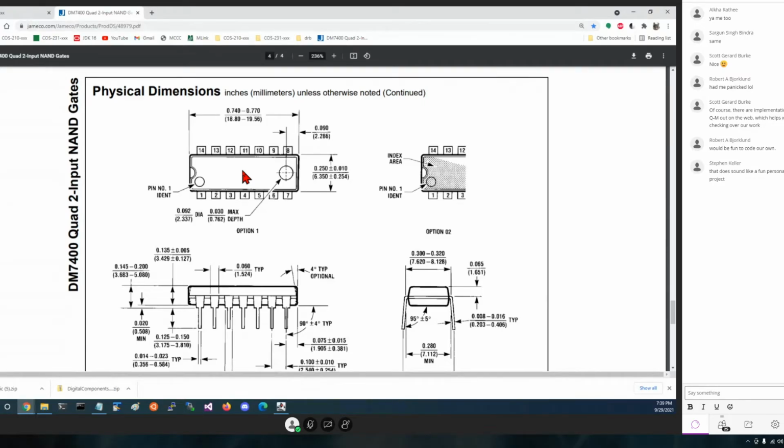Samir, what do you think? I'm going to say 90. Okay. Robert, what do you think? I'm going to say a lot less, like 50%, because it needs circuit board, it needs wiring. There's a lot more than just the transistors.